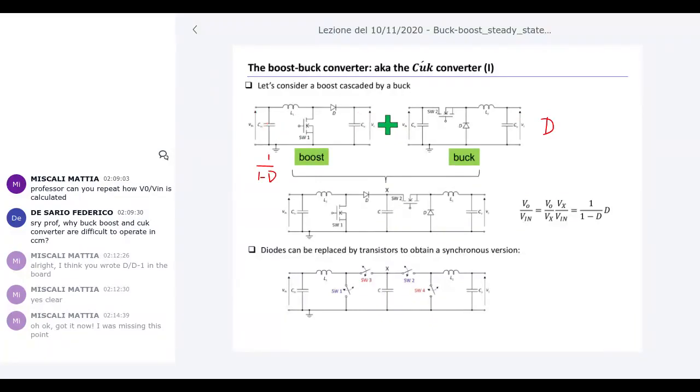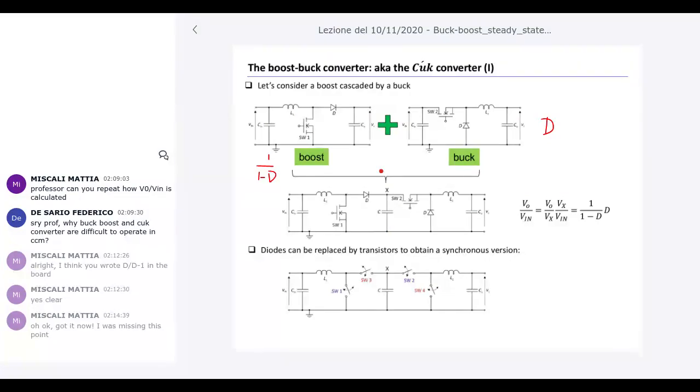When you put these blocks in a cascade, you have to multiply these two conversion ratios: V0 over Vx multiplied by Vx over Vin. And so you get D over 1 minus D. You have two blocks with a specific relationship between input and output.